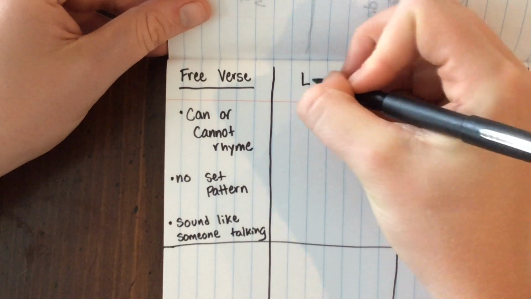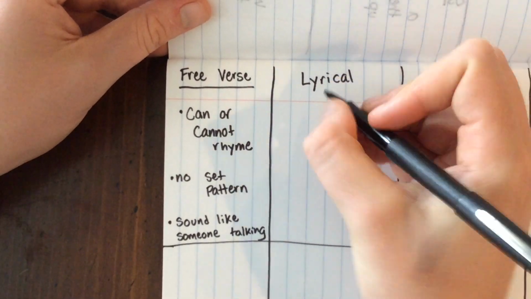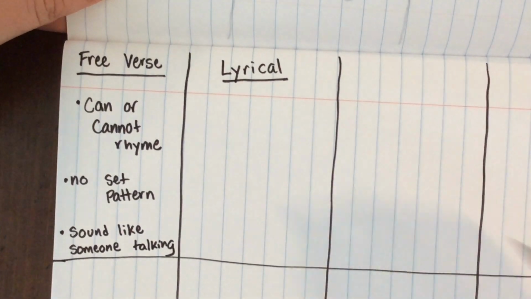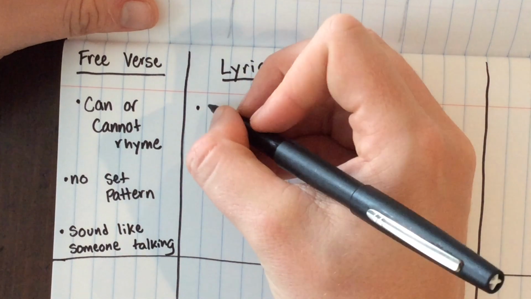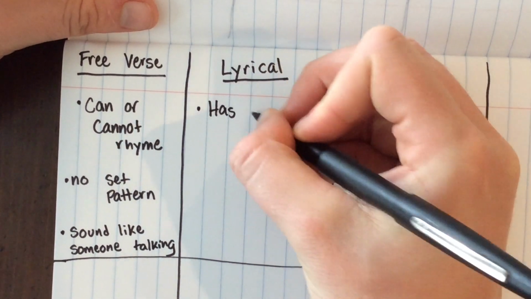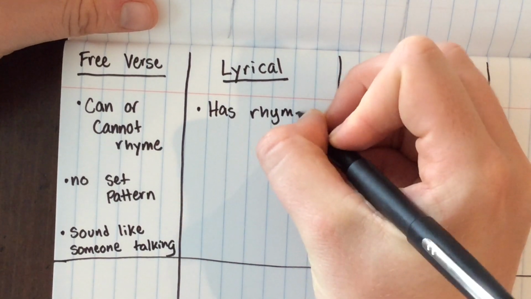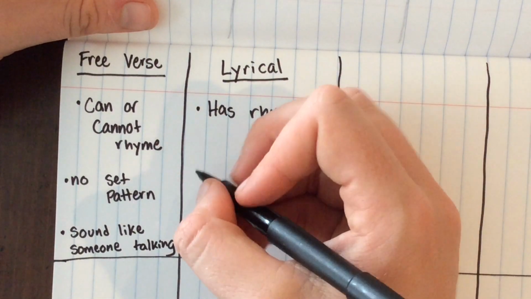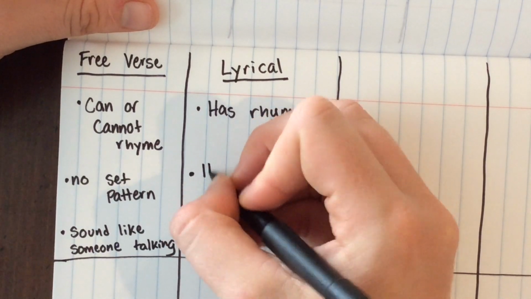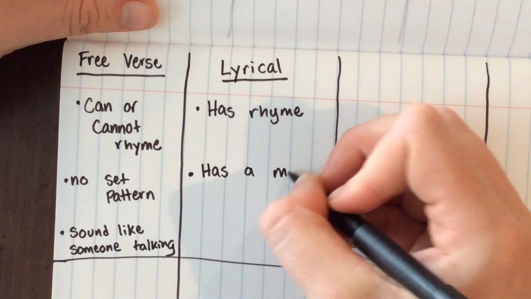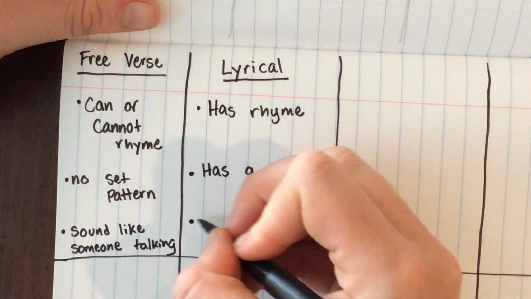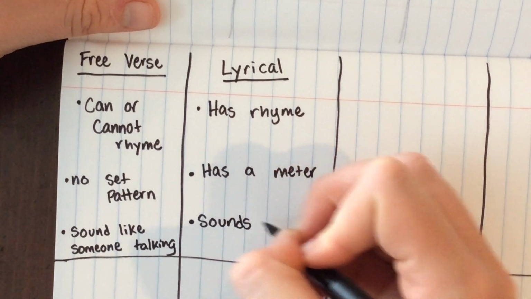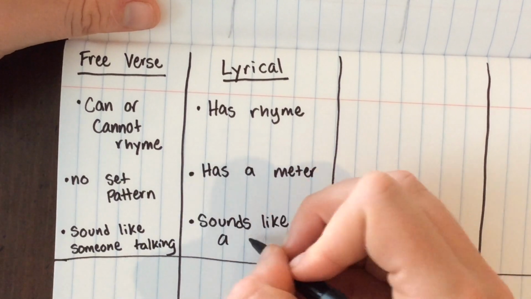All right, the next type of poem is lyrical. A lyrical poem has rhyme, has a meter, and sounds like a song.